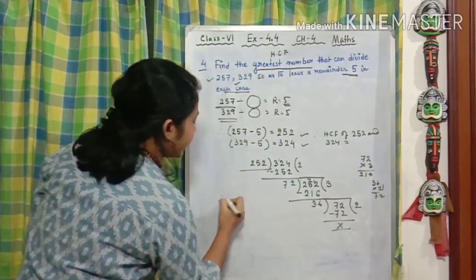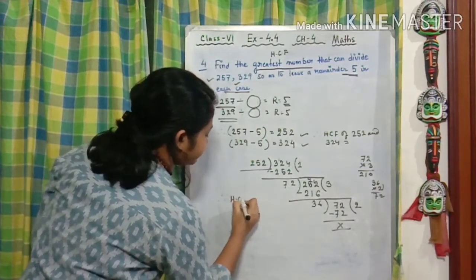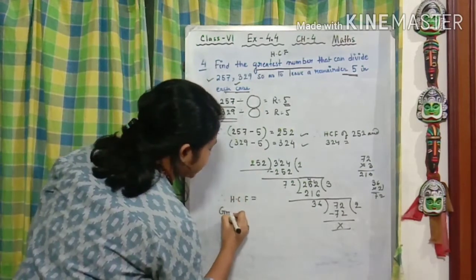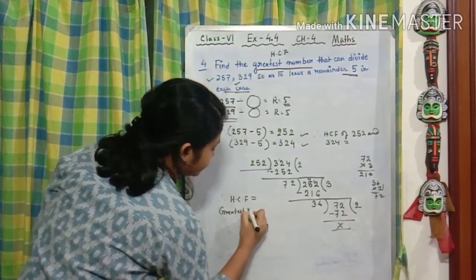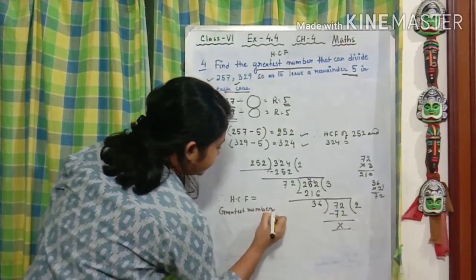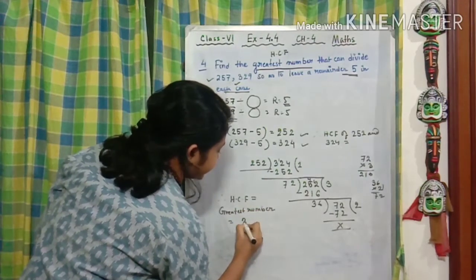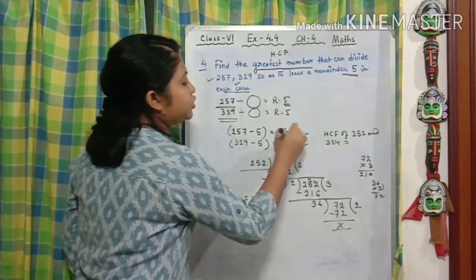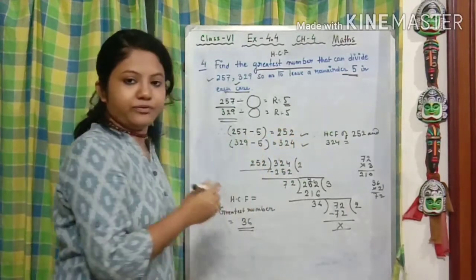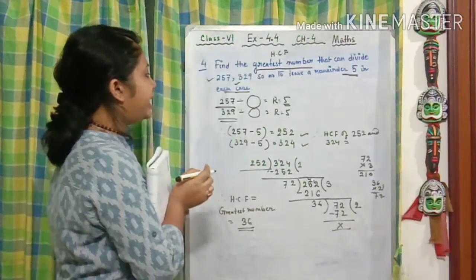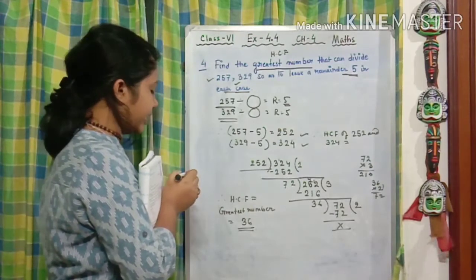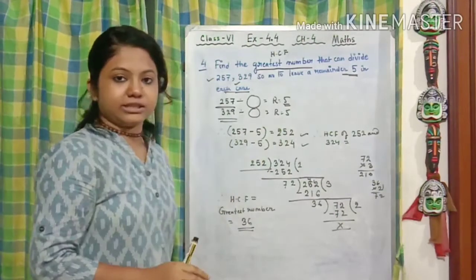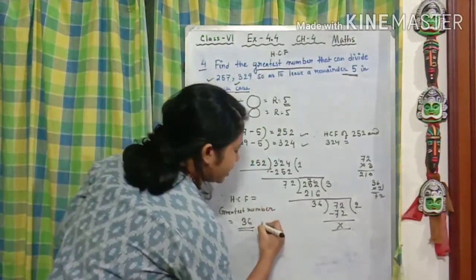Therefore the HCF, or the greatest number asked, is equal to 36. It divides 252 as well as 324, and if it divides 257 and 329, it will give a remainder of 5 in both cases. So this is our answer.